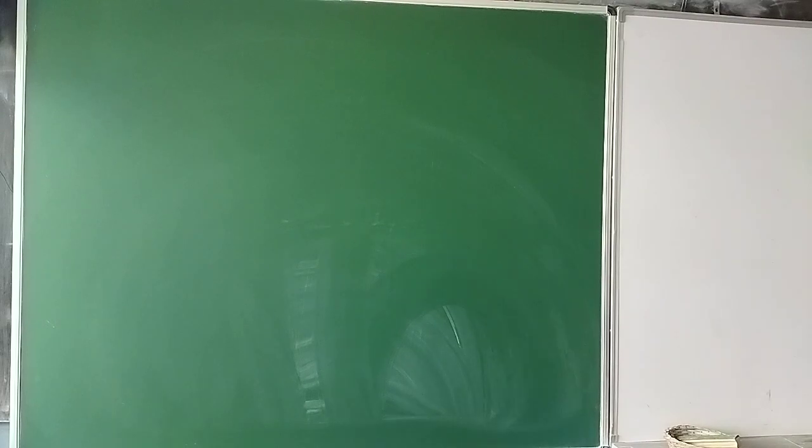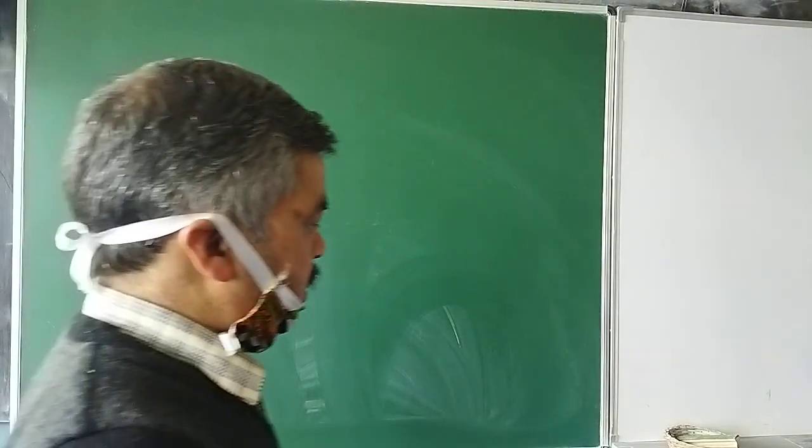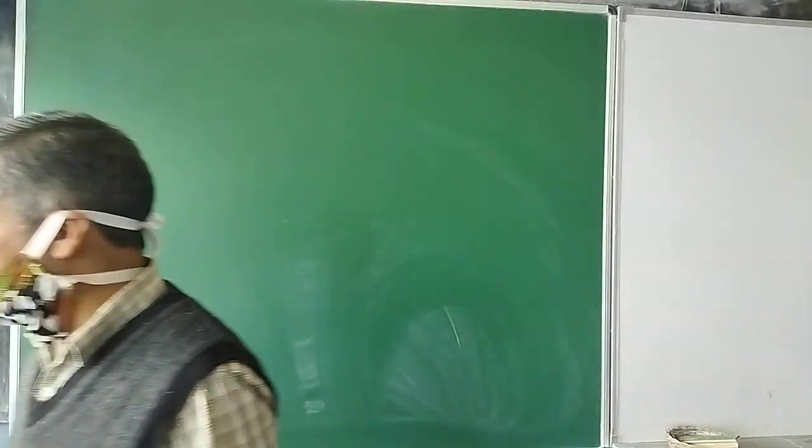In case of a question where you are asked to calculate the missing frequency, suppose we are talking about the case where one frequency is missing. So you need to make the table there.